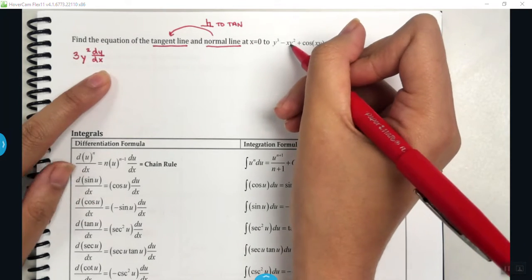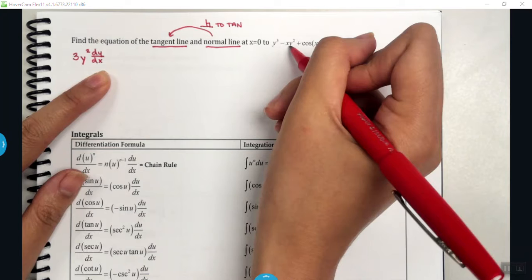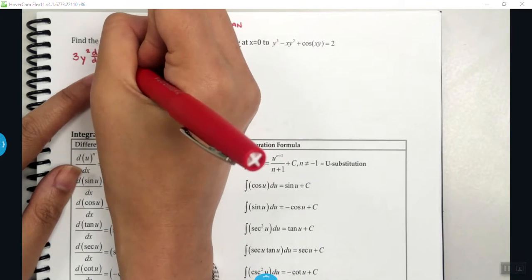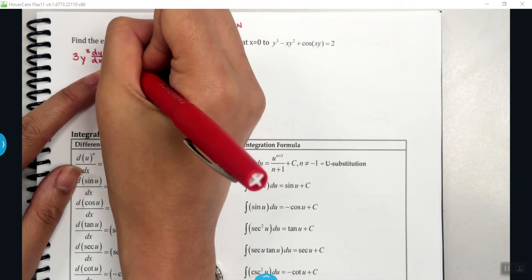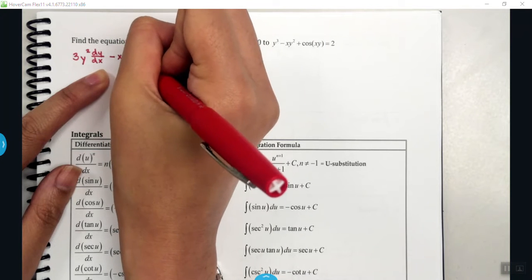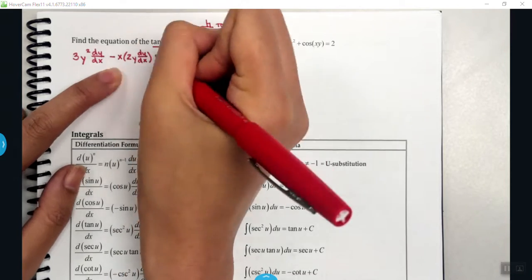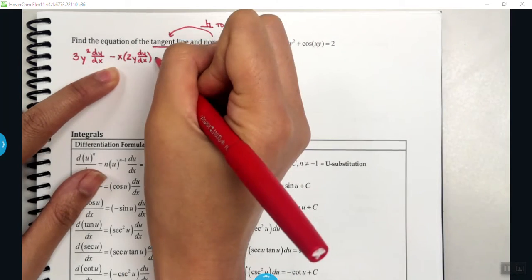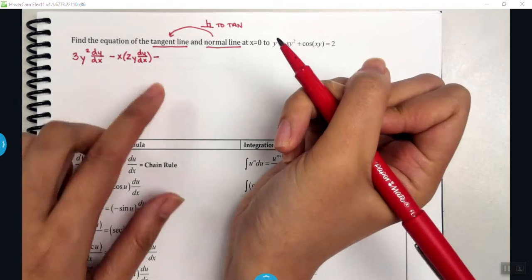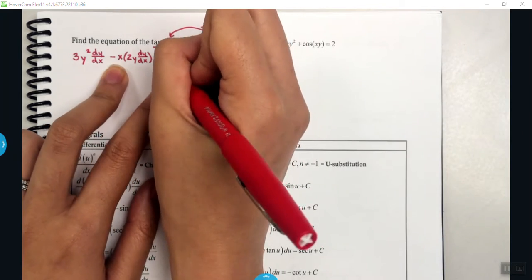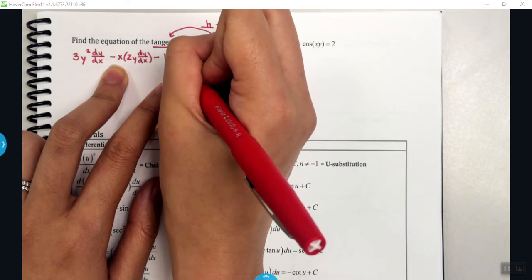A lot of you, when you were doing standard 5, forgot to distribute that negative to both pieces. So remember, it's negative x times 2y dy dx, and then the negative goes to the second part too. So minus the derivative of x is 1, so 1 times y squared.